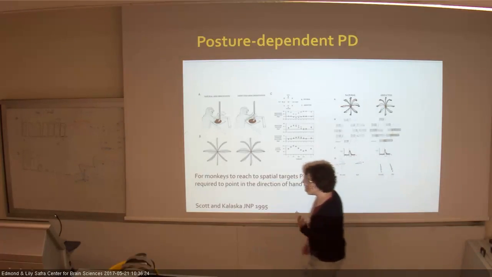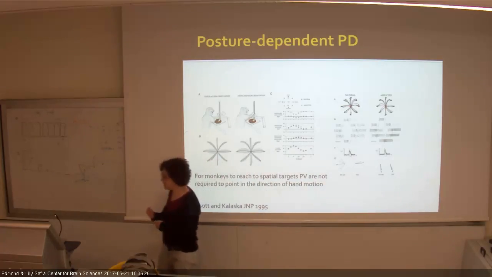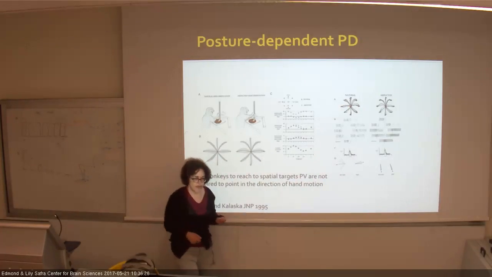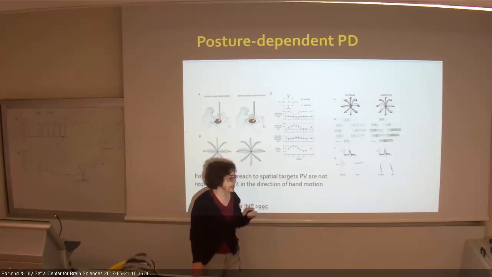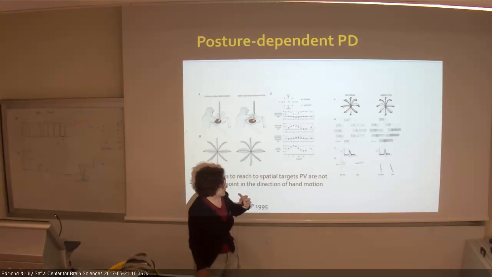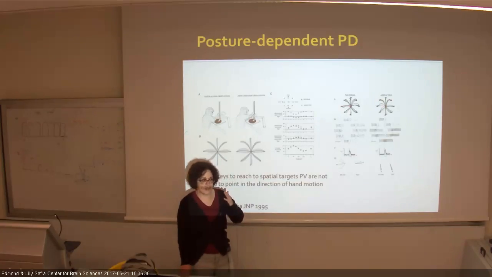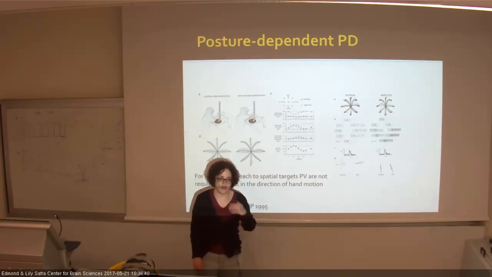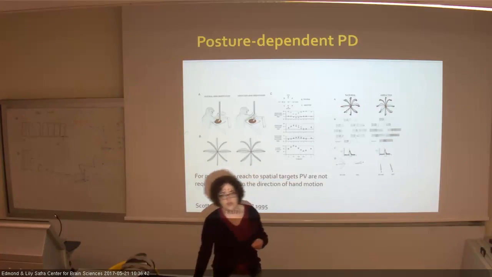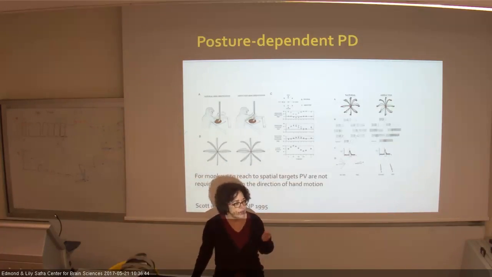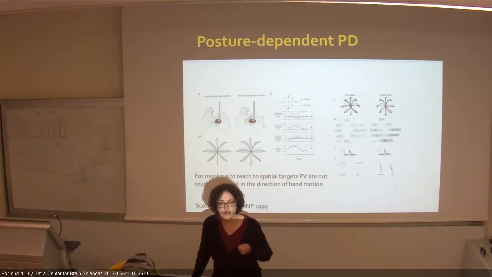So there is a problem: the preferred direction is not a constant property of cells. Nevertheless, if you take enough cells, a large fraction of the cells, you can still compute the population vector, which is robust.